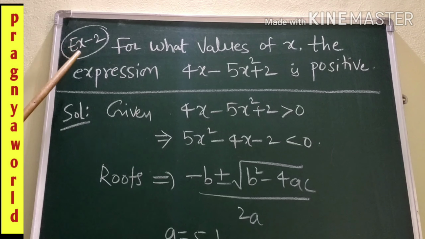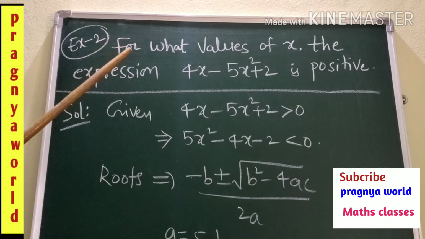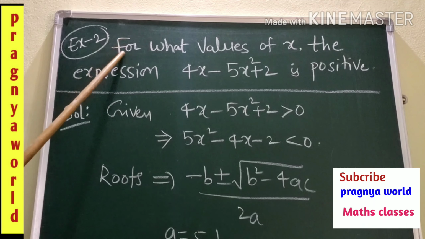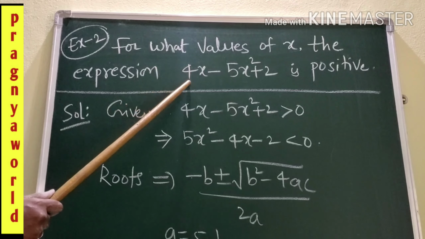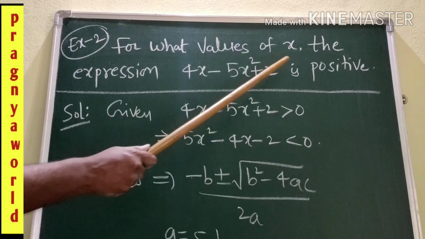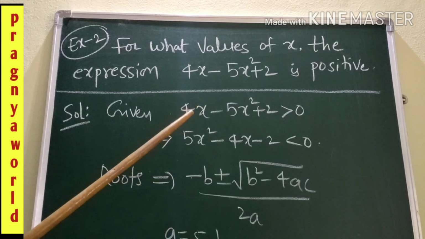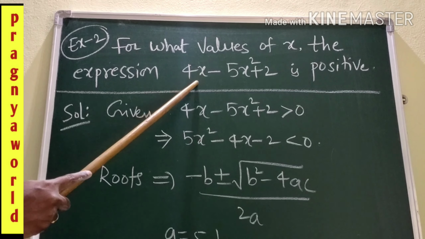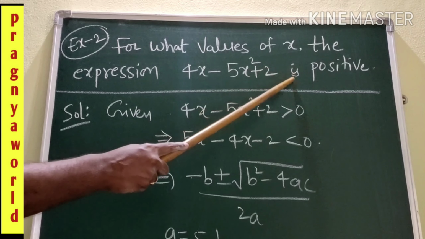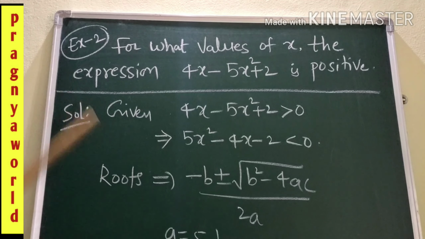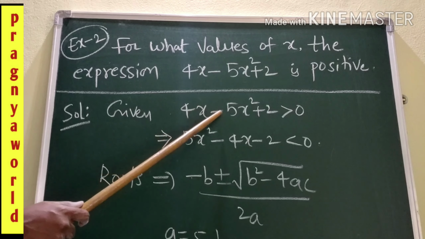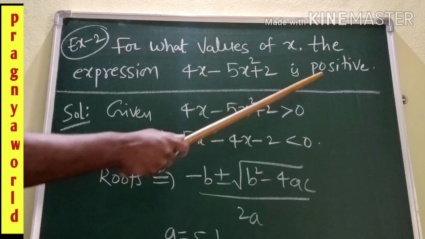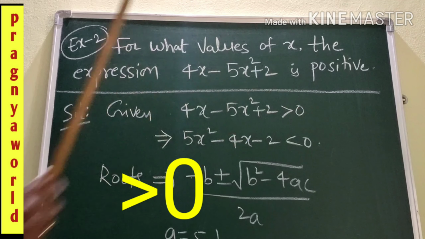Let us see example 2 based on the sign of the expression. The given problem is: for what values of x is the expression 4x minus 5x square plus 2 positive? Now let us see the given expression 4x minus 5x square plus 2; positive means greater than 0.